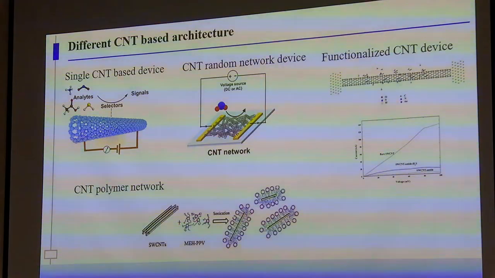In this case, you simply have a solution of dispersed CNT and just prepare an electrode where you have a random network of CNT. In this case, electrons will transport through different channels from one side to the second side. And then you may functionalize the carbon nanotube and modify the existing network.